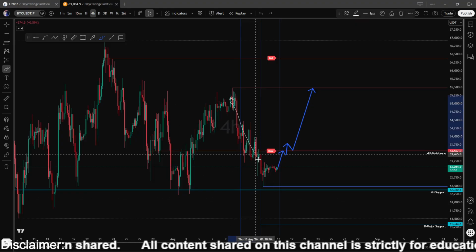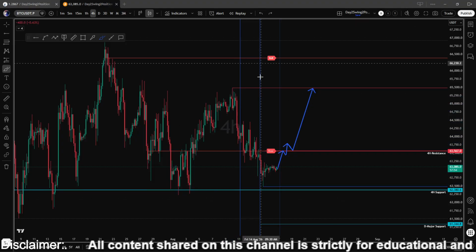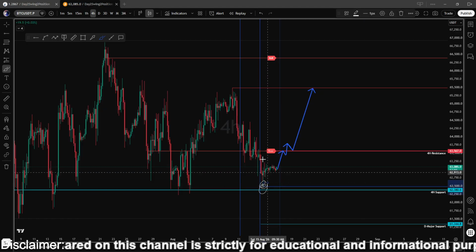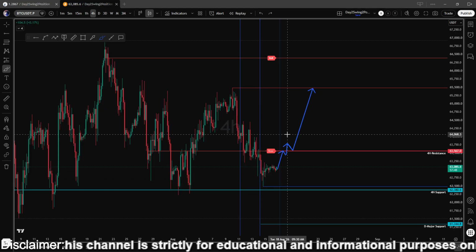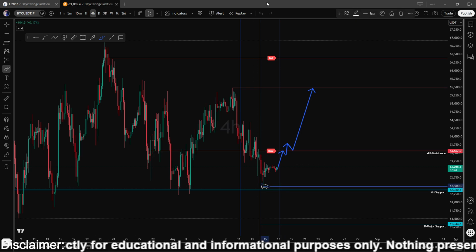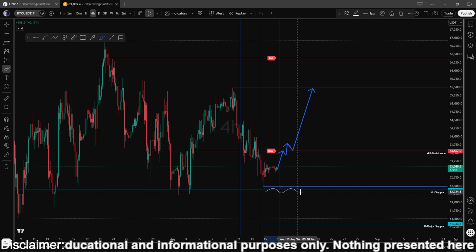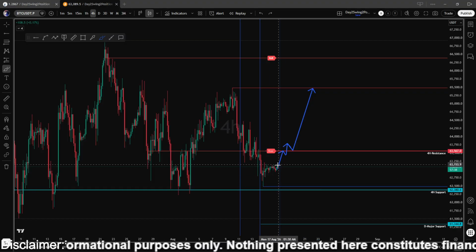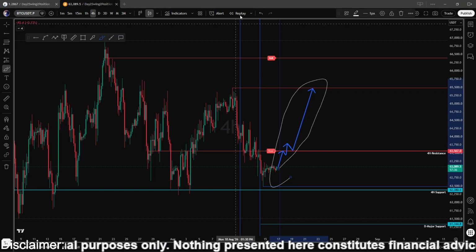From here, in this price action, which is a downtrend, price took a support here. This is the low in this 4 hour time frame, and this low formed slightly above this level.